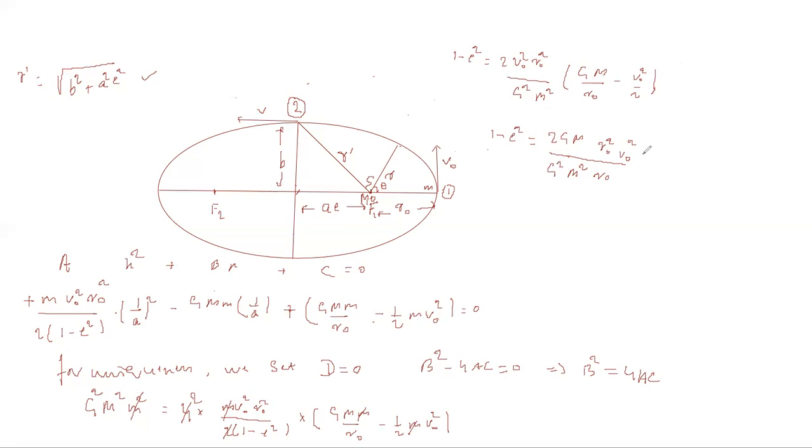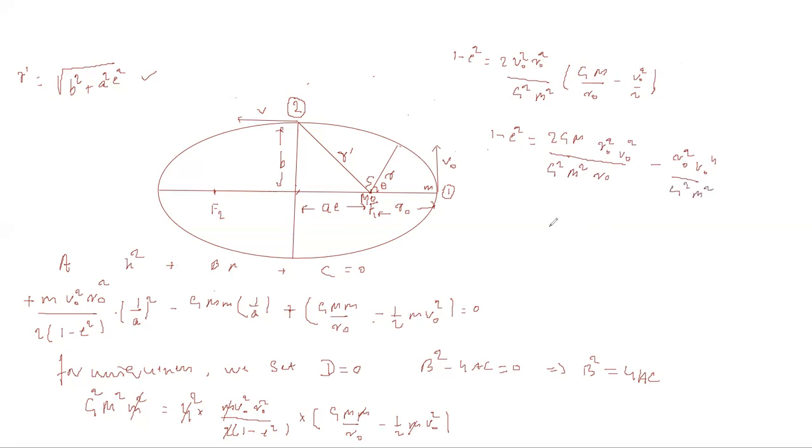Then we have minus of r naught square v naught 4 upon G square M square.